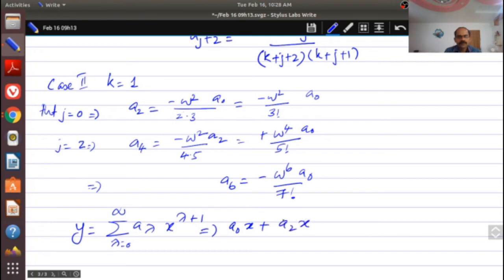A2 x raised to 3 plus, the other term a1 x squared is also there, but a1 is 0, so we are avoiding it. A4 x raised to 5 plus etc.